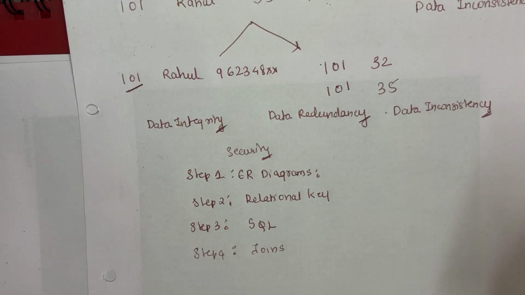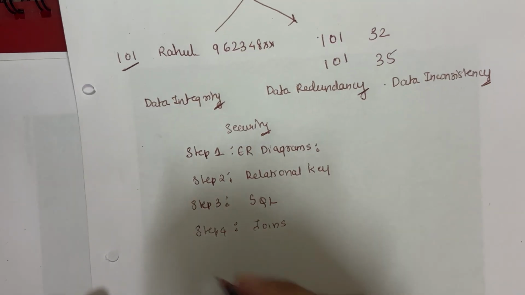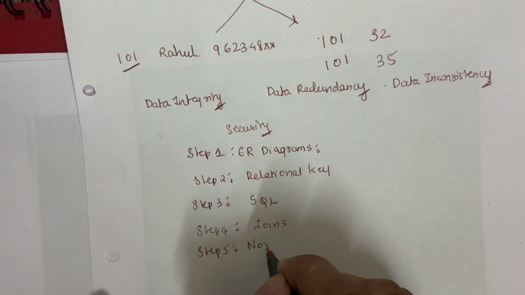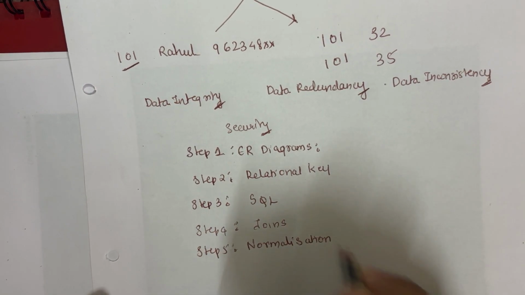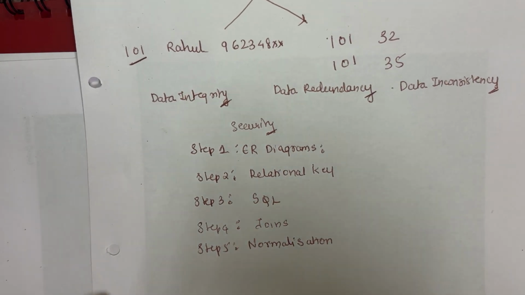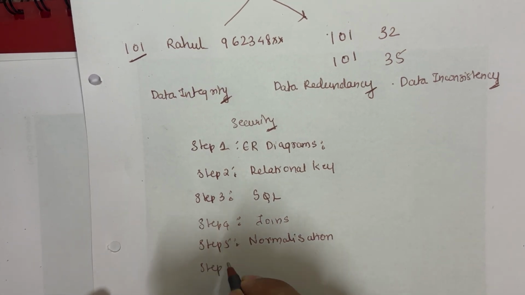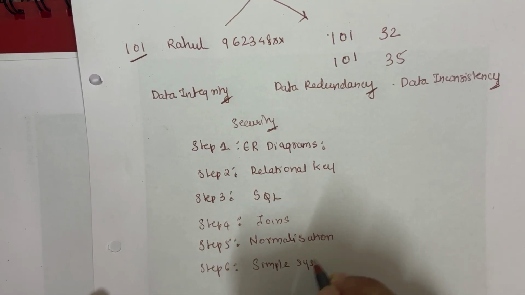After that, we'll be moving to something called as joins. That is the favorite topic of tech recruiters, which involves using the data from 2 or more tables by simply joining them. The step 5 would be the normalization of this table. That is how to break a messy table perfectly without losing the data.